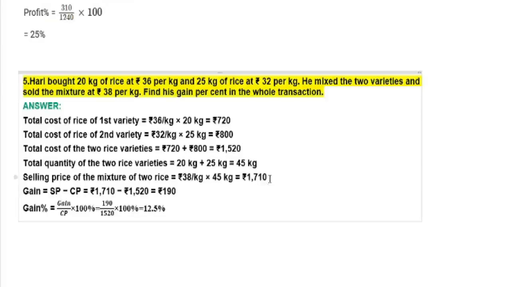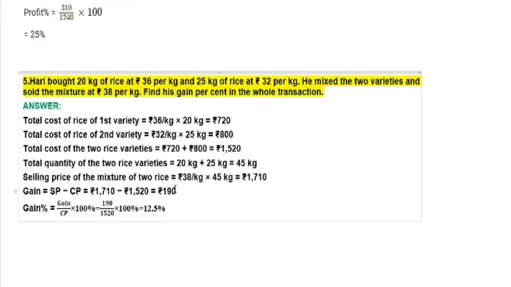1710. Now you compare the CP and SP, that means the CP of two varieties of rice and the SP of the mixture. So CP you got is 1520 and SP is 1710. Comparing these two, you can find the selling price is more than the cost price. So there is a gain equal to SP minus CP, that is 1710 minus 1520, equal to 190.